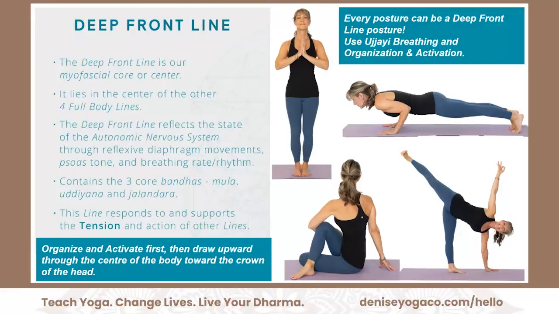As you may or may not know, we've come up with a shorthand name for all of these fascial lines. They are a mouthful, and it's good to connect each line with its main function, the main thing you should know about it. So we've called the deep front line the myofascial core of the body.